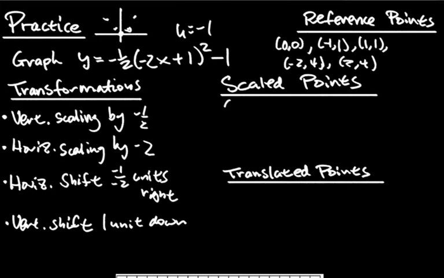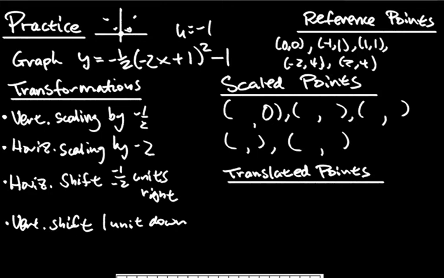Alright, so scaled points. Let's just get some points written there, and then we'll graph this thing. So what's going to happen when we scale it? So all of the y values are going to be multiplied by negative 1/2. So let's just do that real fast. So 0 times negative 1/2 is still 0.